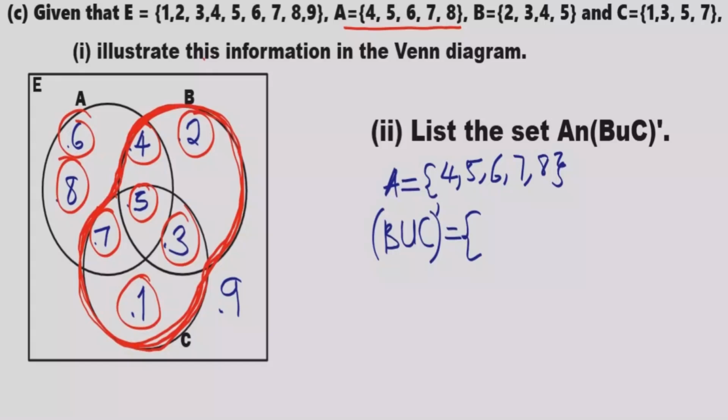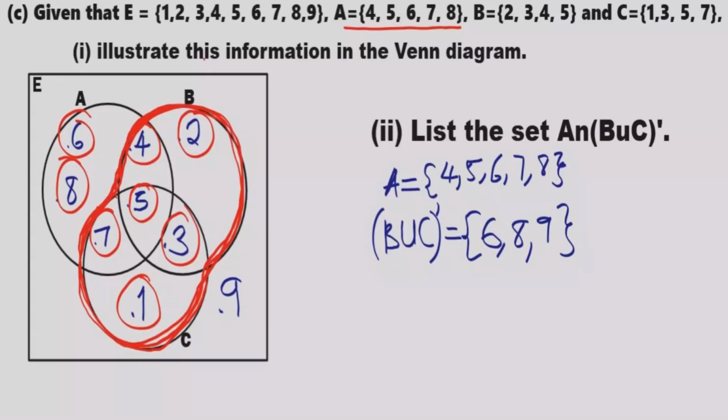So we pick only those that are not found in B and C. Those that are not found in set B and set C, or in a specific language is B union C. So those elements, you can see them, they are those which are outside. So we have got 6, we have got 8, and we've got 9 down here. So these are the 3 elements that are not found in B union C set.